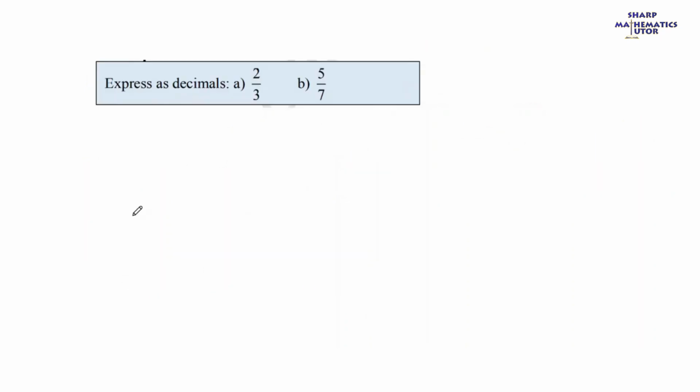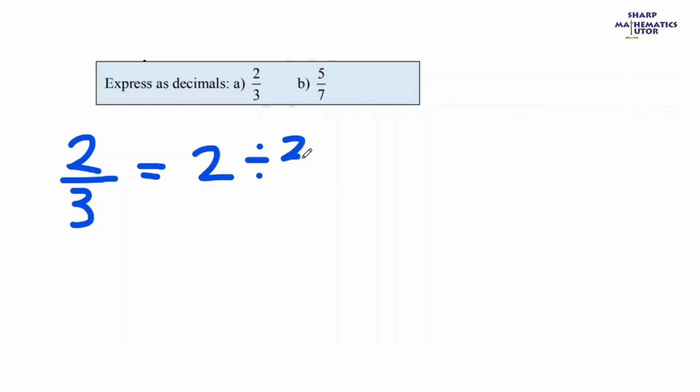There are some fractions where you cannot express their denominators as powers of 10. So you have to use another strategy when converting them to decimal. Let's look at 2 over 3 for example. Now you can recall that 2 over 3 would be the same as if you were saying 2 is being divided by 3. Right? And 2 divided by 3 would give you something like 0.6666.